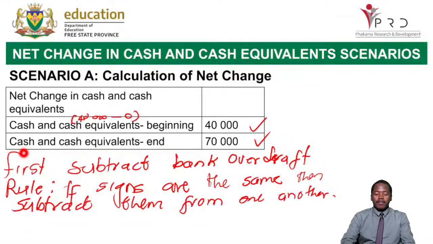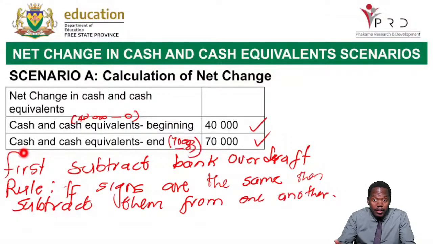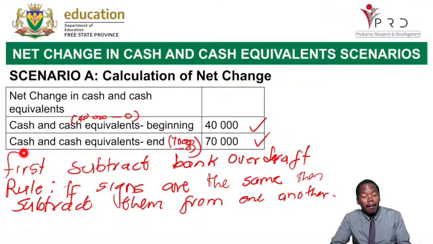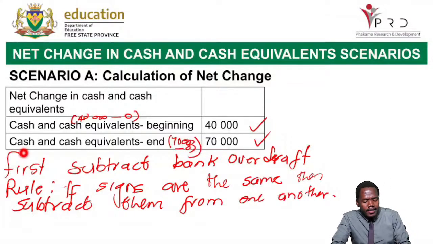This time the bank overdraft was 0. And then same thing with the cash and cash equivalents at the end. It is the 70,000 minus the bank overdraft. Then it's 0 this time. So it becomes 70,000. Now, I apply the rules now. If the signs are the same, I subtract them from one another. Why is that?